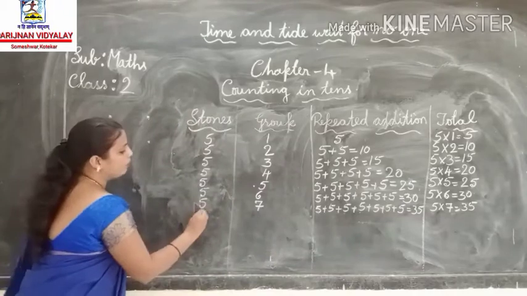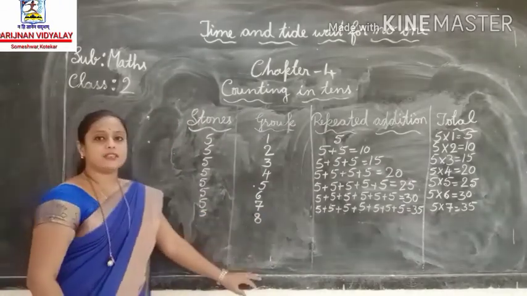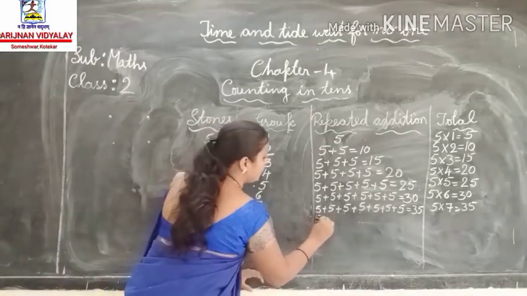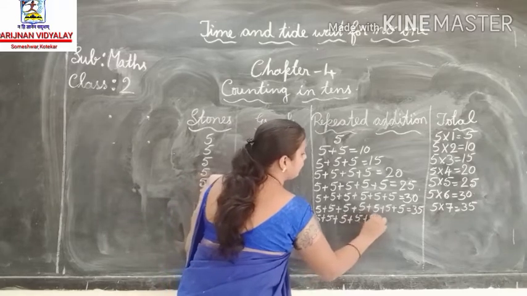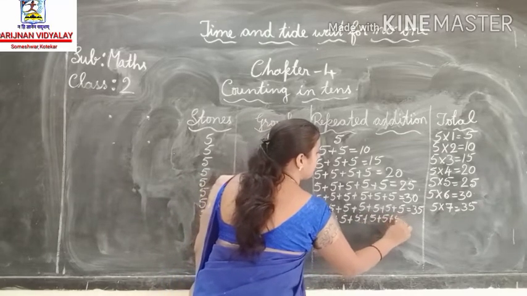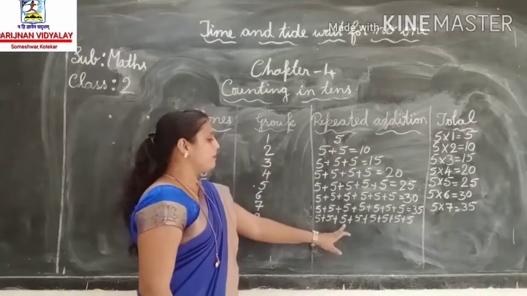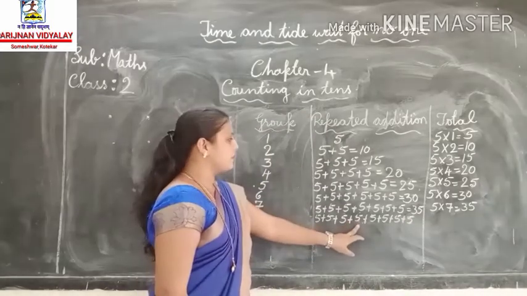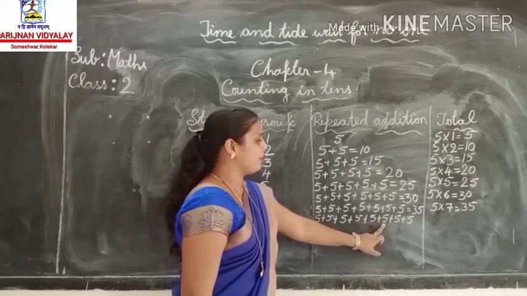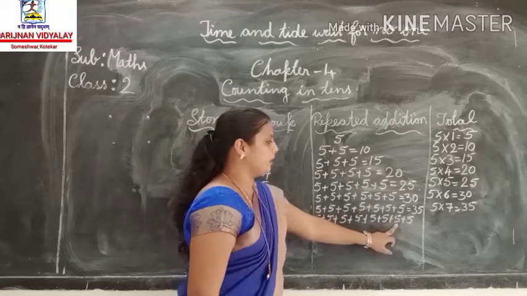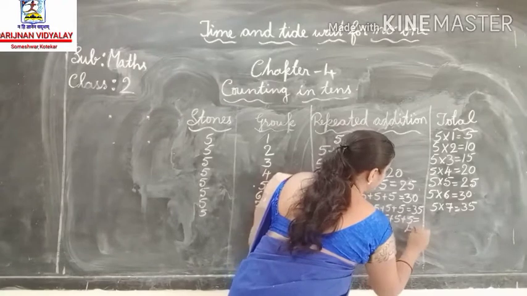Next, 5 is repeated 8 times. 5 is repeated how many times? 8 times. So 1 time, 2 times, 3 times, 4 times, 5 times, 6 times, 7 times, 8 times. 5 plus 5 is 10, 10 plus 5 is 15, 15 plus 5 is 20, 20 plus 5 is 25, 25 plus 5 is 30, 30 plus 5 is 35, 35 plus 5 is equal to 40.